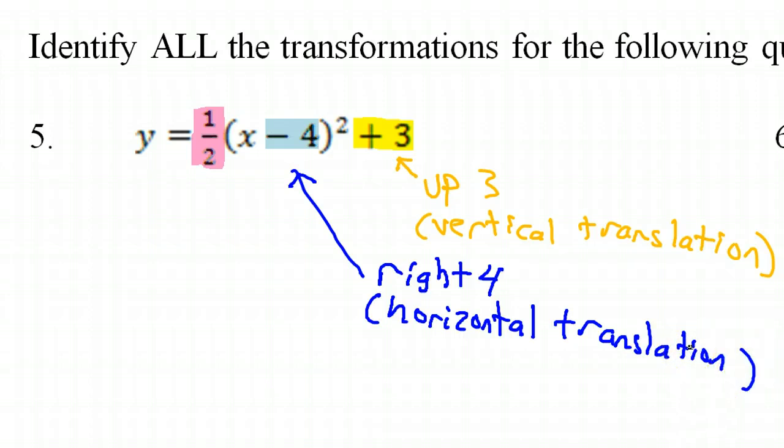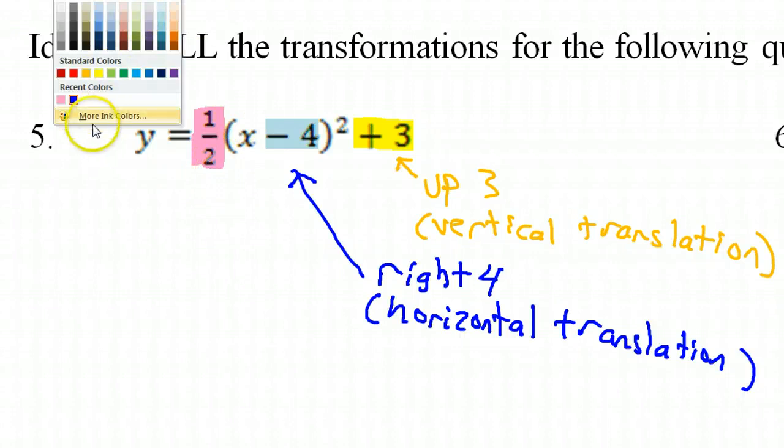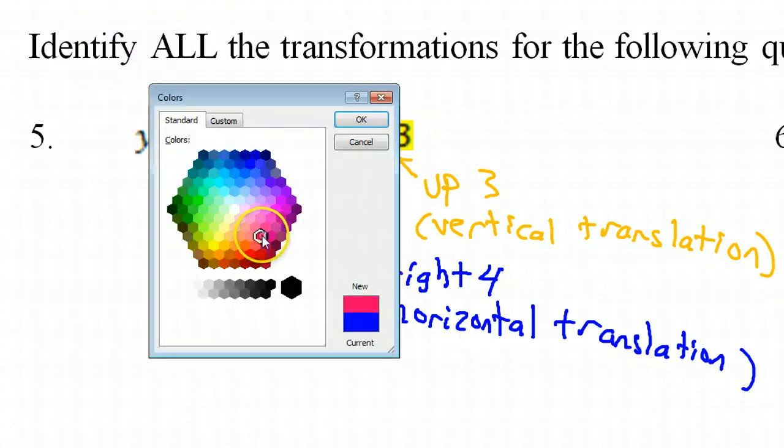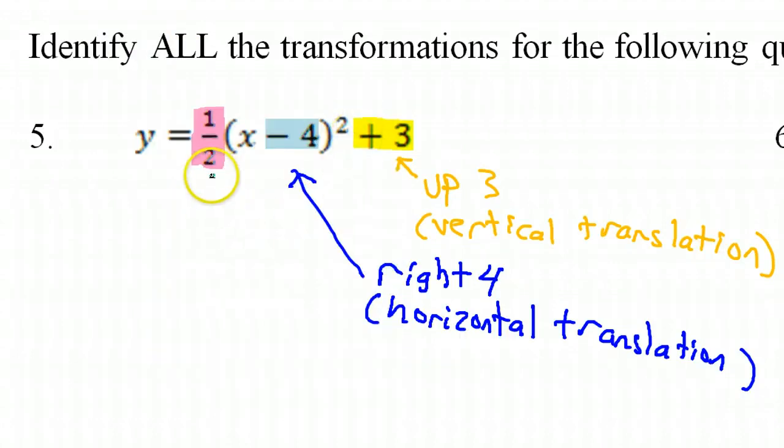And finally, the 1/2 in the front, a value of 1/2. We know that because that number is between 0 and 1, it's less than 1, that's going to be a compression. It's like a giant steps on the graph and crushes it, but we call that a vertical compression.